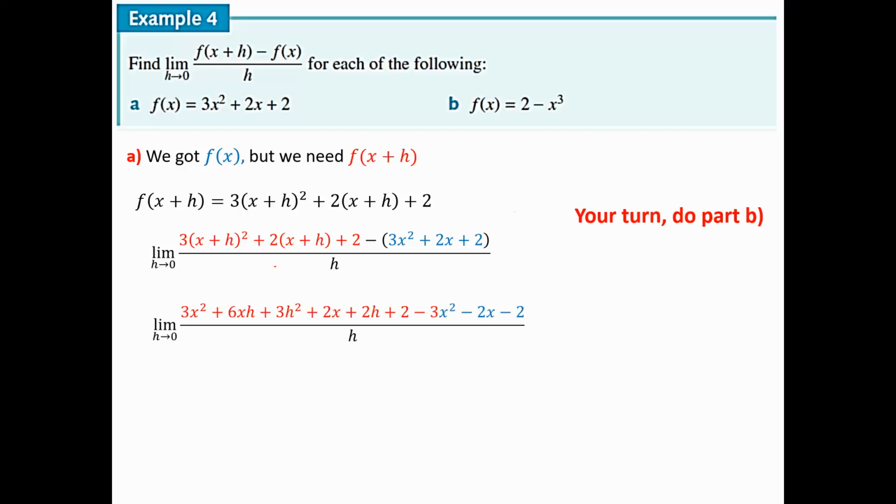I expand all these brackets here. Looks really hectic and ugly. That's why it's a year 11 technique. You expand it out, simplify it: negative 2 plus 2, negative 2x plus 2x, negative 3x squared plus 3x squared. You're left with 6xh plus 3h squared plus 2h. Divide all the h's.